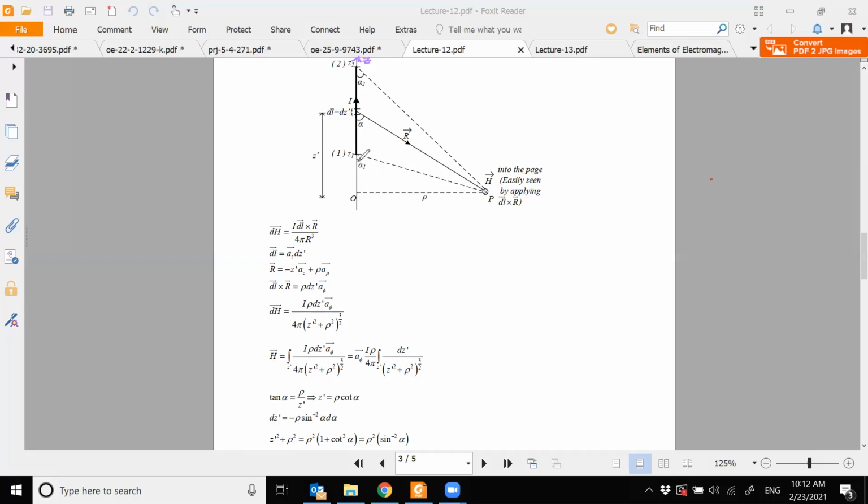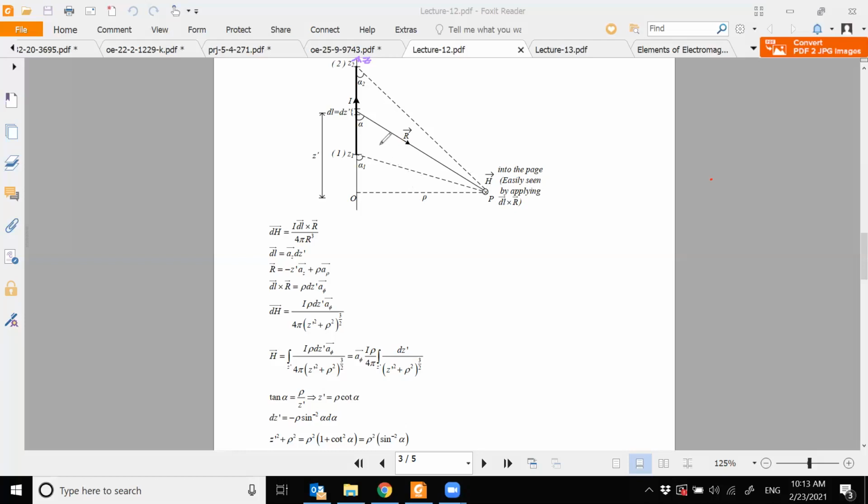See, it's the perpendicular distance. So that's why I'm extending this line downwards and then finding the perpendicular distance. So this is rho. And then I'm saying that this edge of this line is making an angle of alpha, and this top edge of the line is making an angle of alpha 2, alpha 1 and alpha 2.